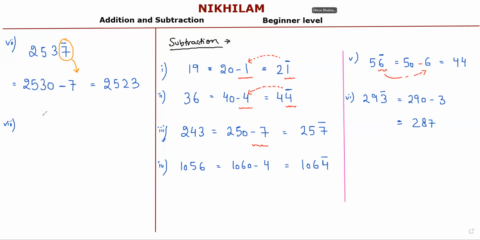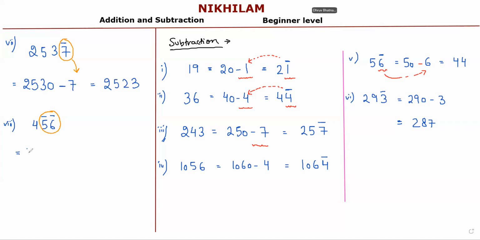For example, if you have 4, 5, 6, and the bar is over these two numbers, 5 and 6, the process is the same. Because the bar is over two digits, what will you do here?